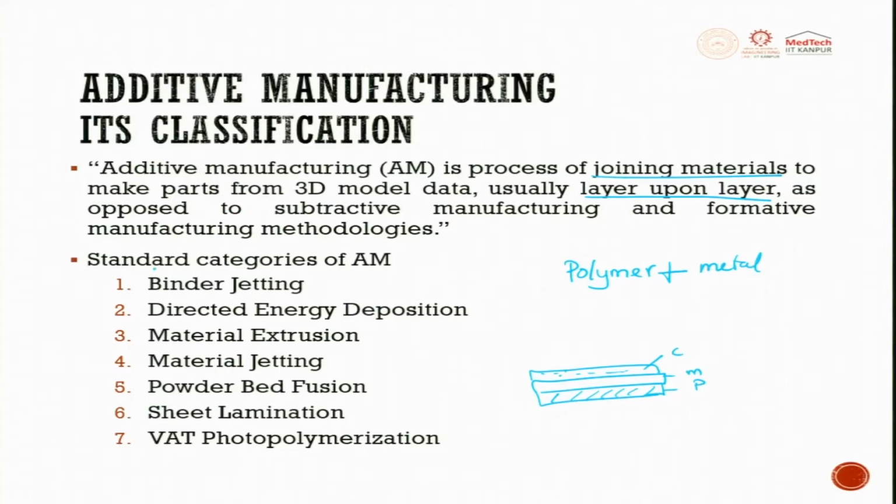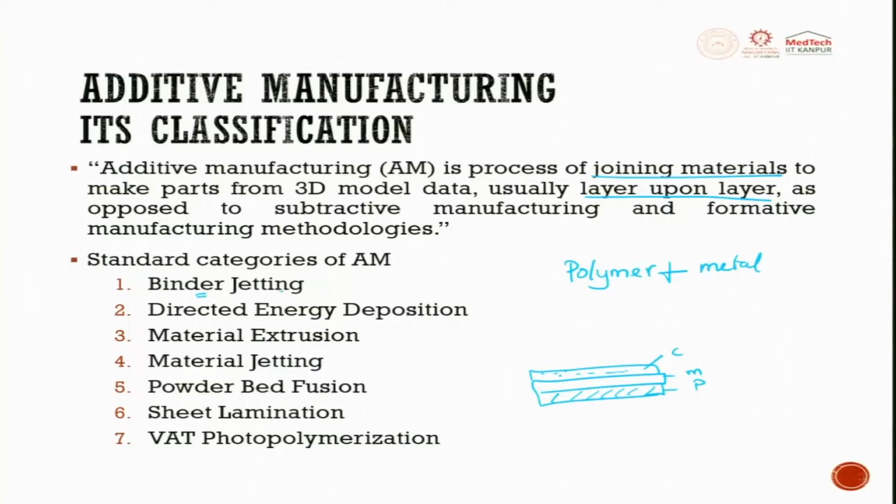So, when we look into the categories or classifications of additive manufacturing, there are 7 basic classifications. One is binder jetting. As the name itself says, there is a binder used for consolidating either the powder or the layer, and it is ejected in a jetting manner.